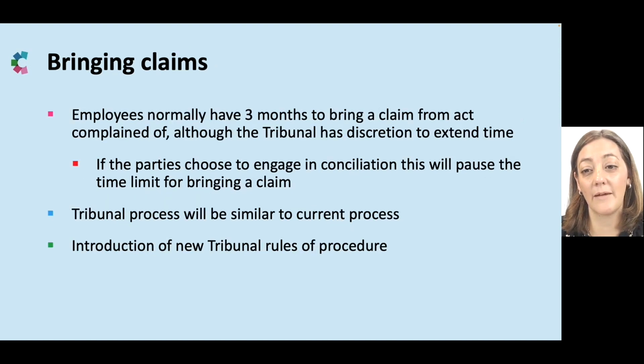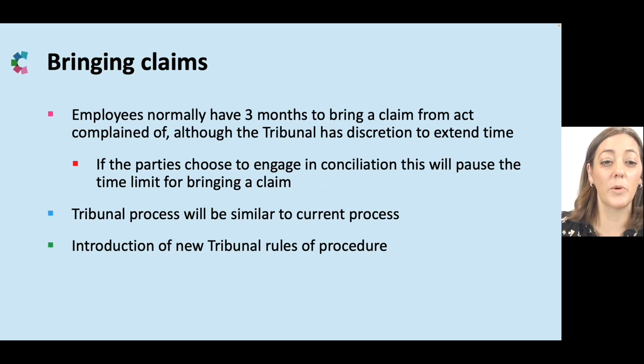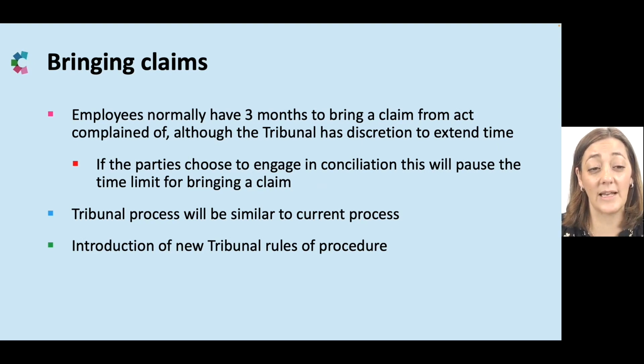Now, employees normally have 3 months to bring a claim from the act complained of, although the tribunal has some discretion to extend time. If the parties choose to engage in conciliation, this will pause the time limit for bringing a claim, in the hope that that conciliation will lead to a resolution and end the process.